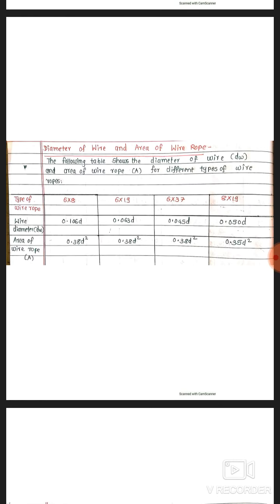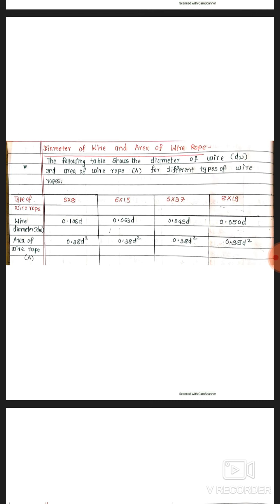So in the above tables, we see the properties of wire ropes according to the different applications. Now we see the diameter of wire and area of wire rope.